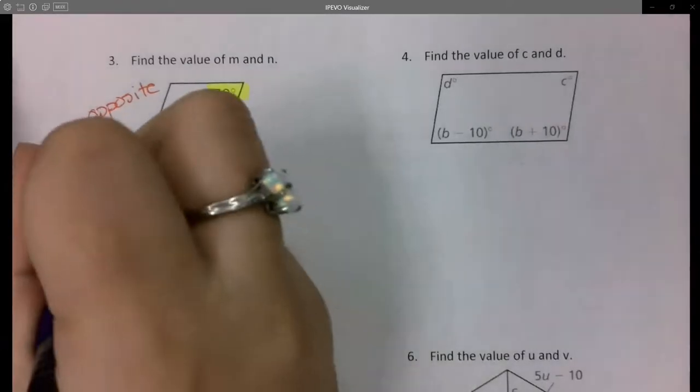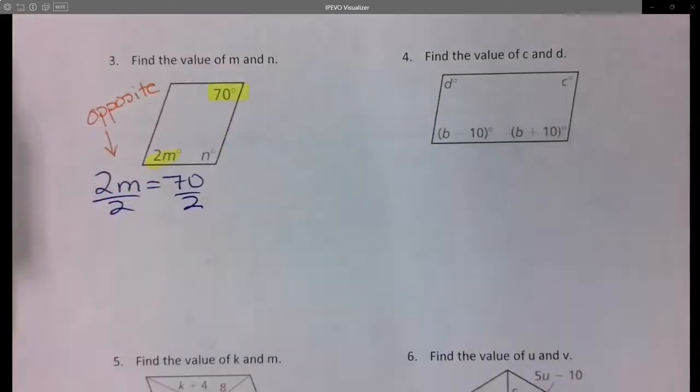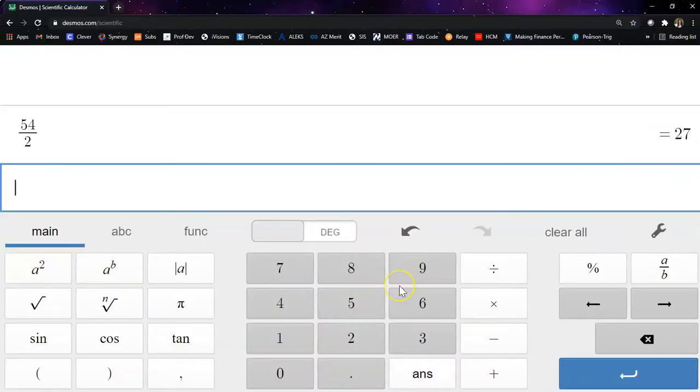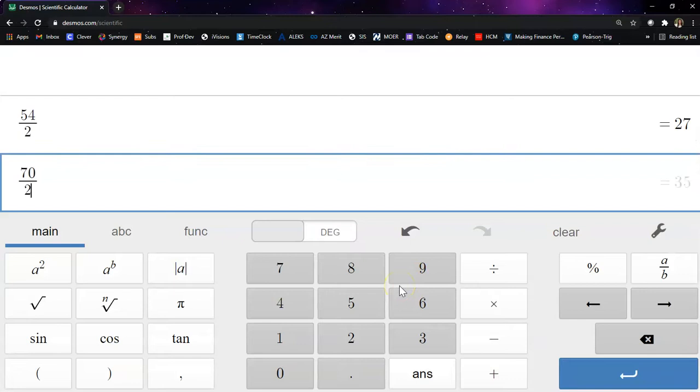And then I want to go ahead and divide both sides by 2, which gets me 35.